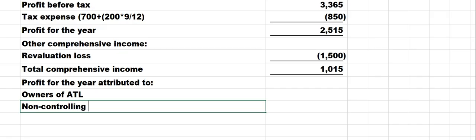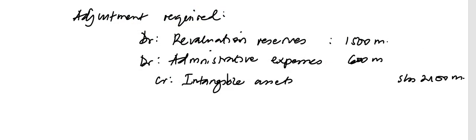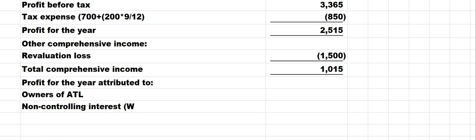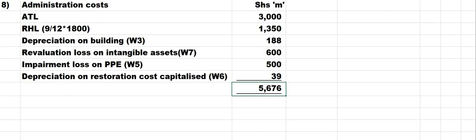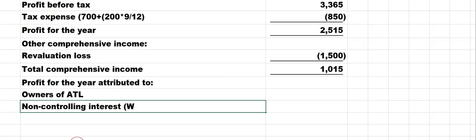Don't forget this. Whenever it's a P&L and the sub is not 100% owned, then you need to attribute the profits there. So I'll do this in working. It's my last working. My last working is working 8. Okay, let's make it working 9.